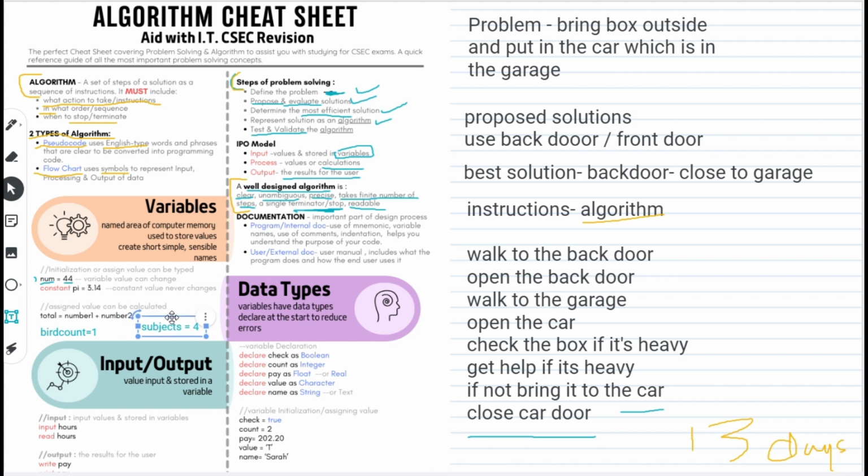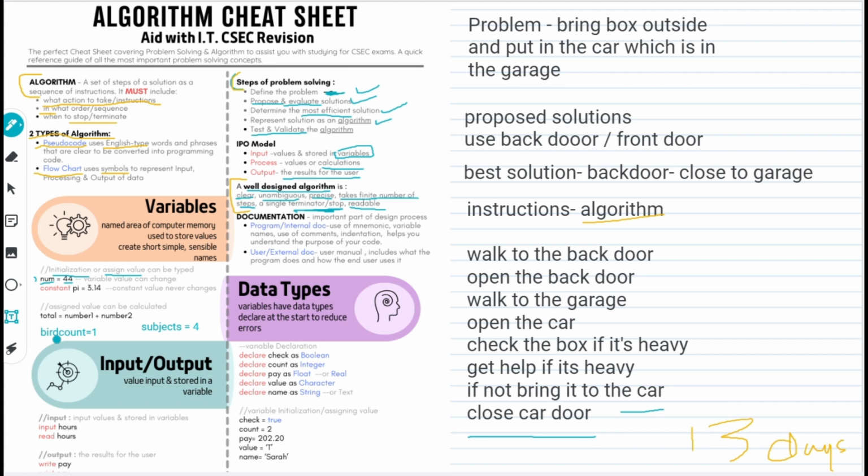It's just a named area, and we give it a value. We call that process of giving it a value initialization. So you initialize, or you are assigning a value to the variable. That is it.